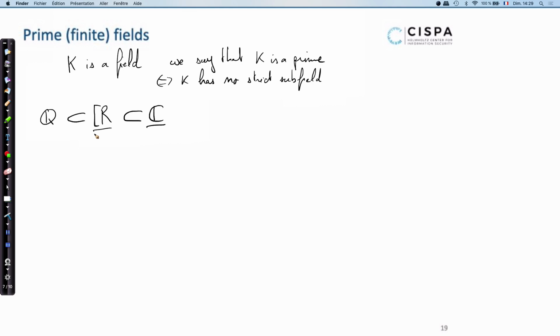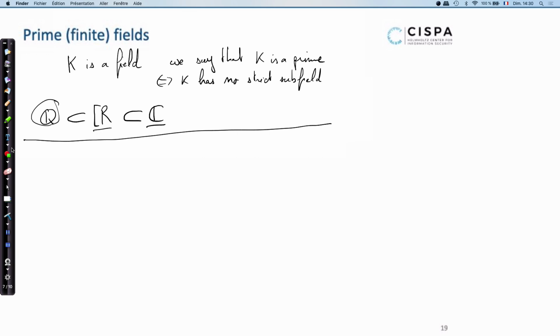Let's now try to find out what the prime field can be. And we will see that there are not so many options. There is one special option, which is going to be Q, in fact. And there are other options which are going to be finite prime fields.